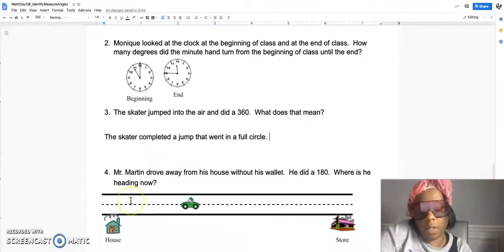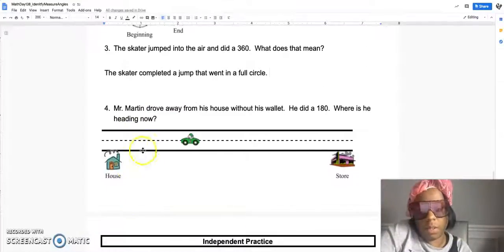All right, question number 4. Mr. Martin drove away from his house without his wallet. He did a 180. Where is he heading now? So let's use what we have.